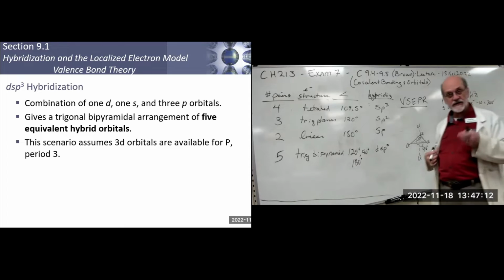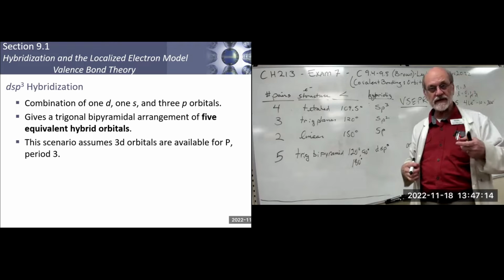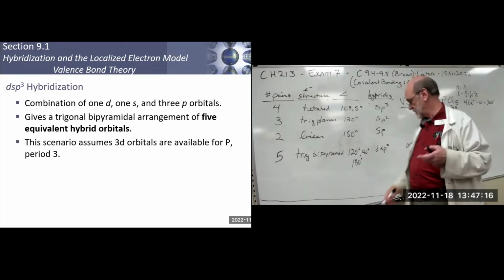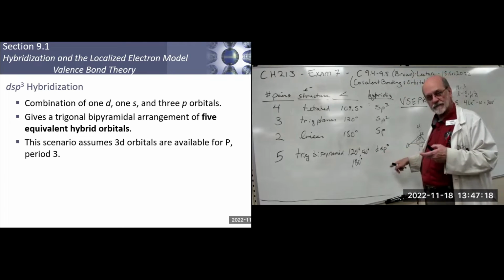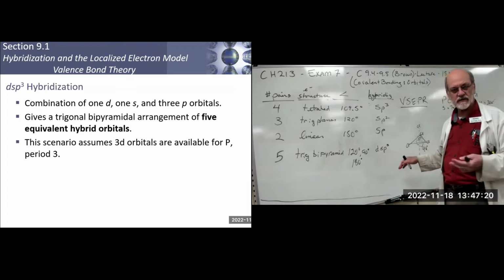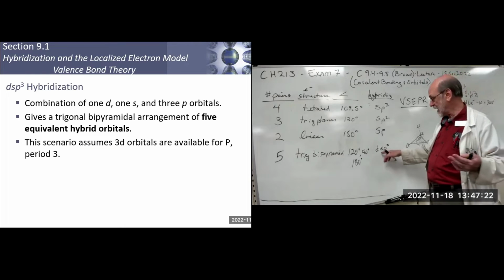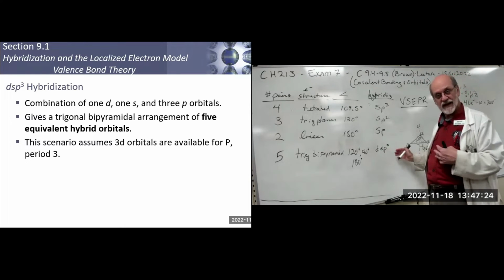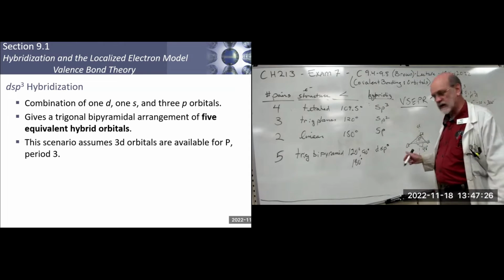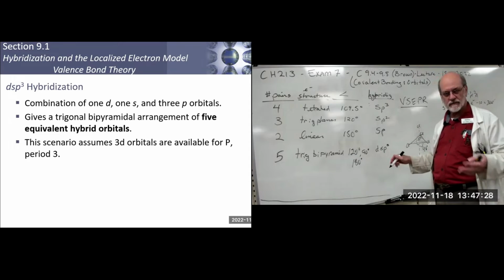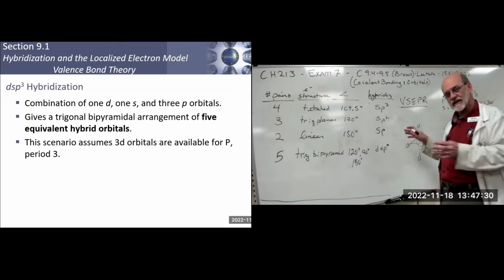So phosphorus does have access to a 3d orbital. So we can say dsp3. Don't ask me why the d comes first, because if you go according to energy, spd should be the last one, but who knows? dsp3 is the nomenclature for that hybrid orbital.